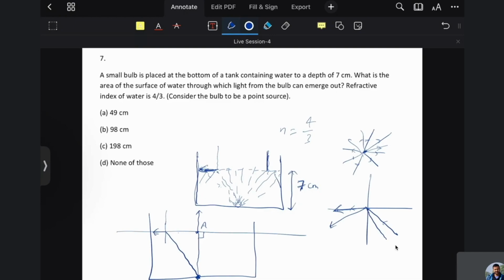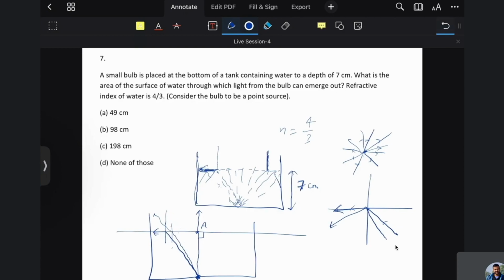Whatever light has an angle greater than this will be visible outside, but before this, all will be totally internally reflected.